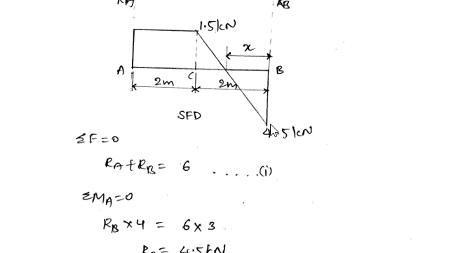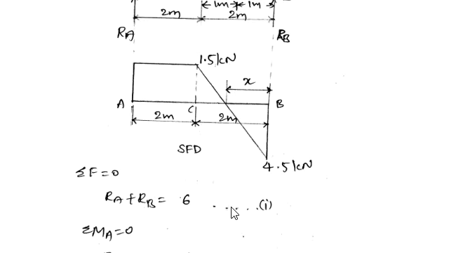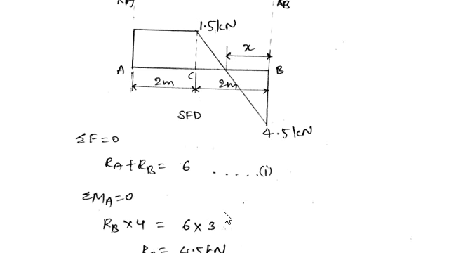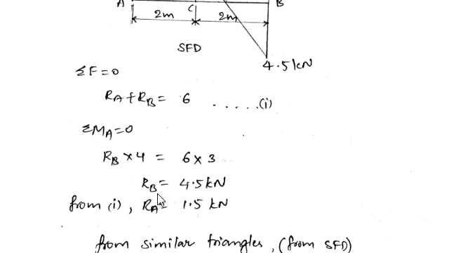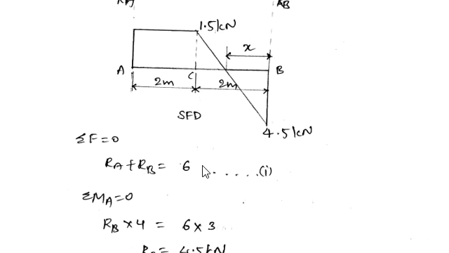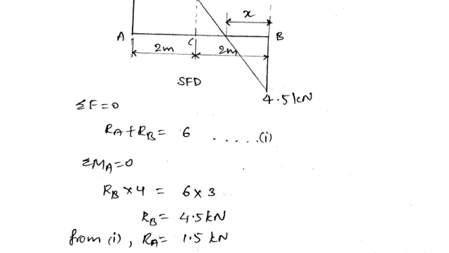So we can write RB into 4 equals 6 into 3, to balance the moments about A. If you simplify that, we get RB as 4.5 kilonewtons, and from here RA as 6 minus 4.5, that is 1.5 kilonewtons.